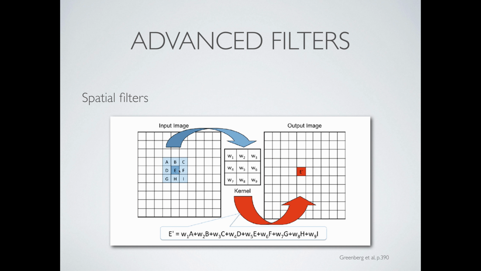So if we have this pixel here, which is E, and we apply some kernel to it with a bunch of numbers W1, W2, W3, etc.